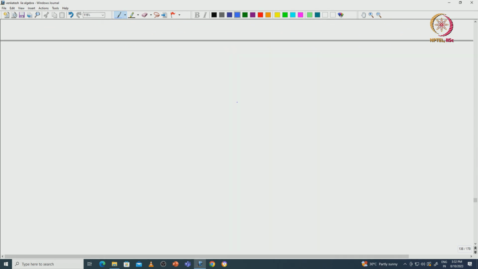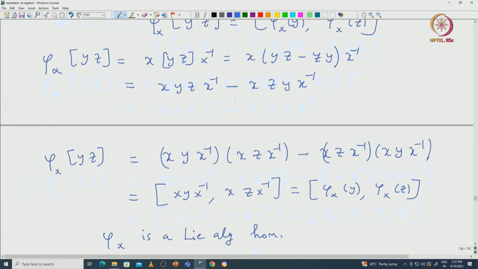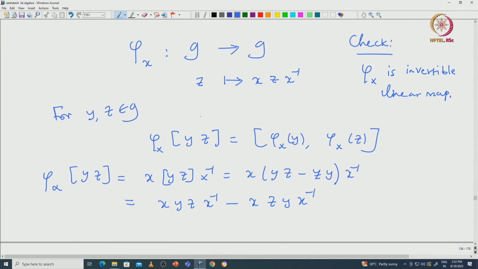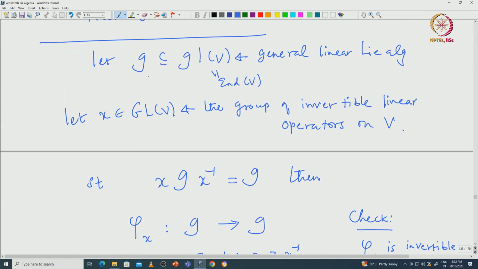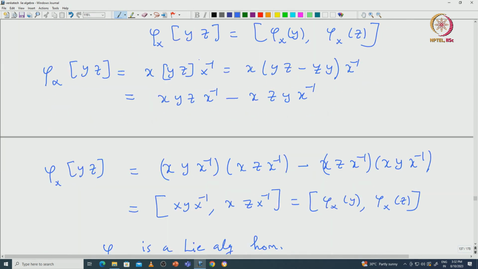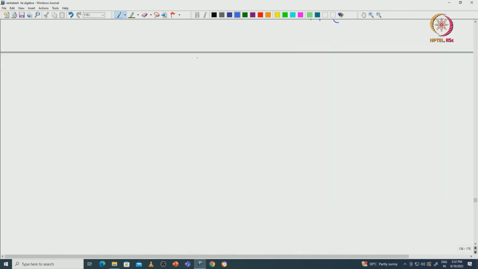So, this gives us a way to construct lots of automorphisms from the information that g is embedded inside GL(V). But what if we actually deal with an abstract Lie algebra?